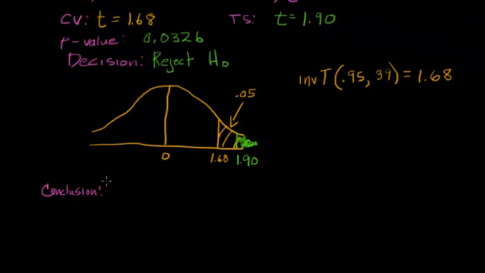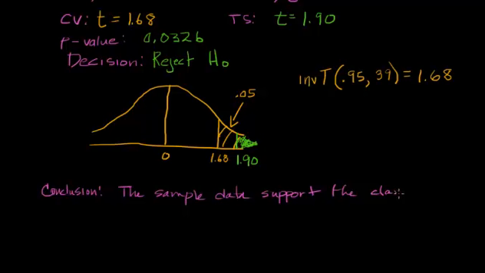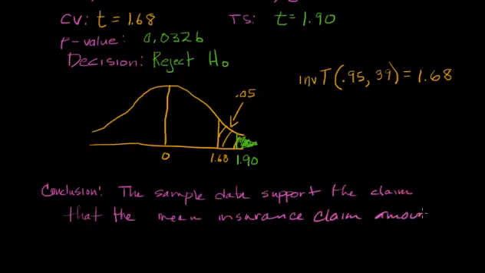So our conclusion begins, the sample data support the claim that the mean insurance claim amount is more than $1,800.